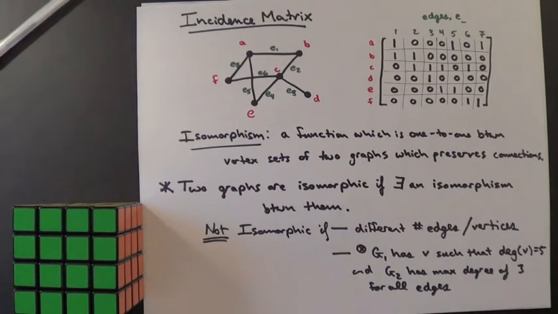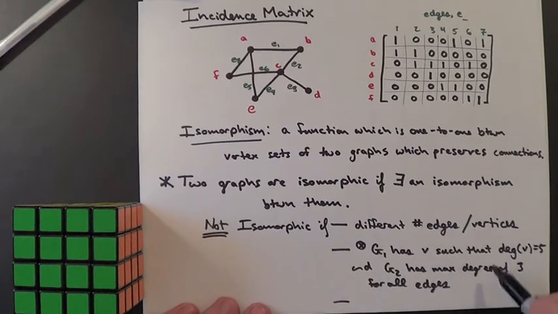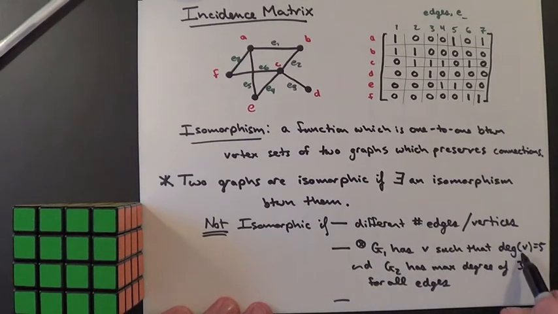Other ways to show that two graphs are not isomorphic is to show that there's a property that one graph has that the other graph does not. This is an example of one of those properties, a vertex of degree 5, while the other one does not have any vertex over degree 3.